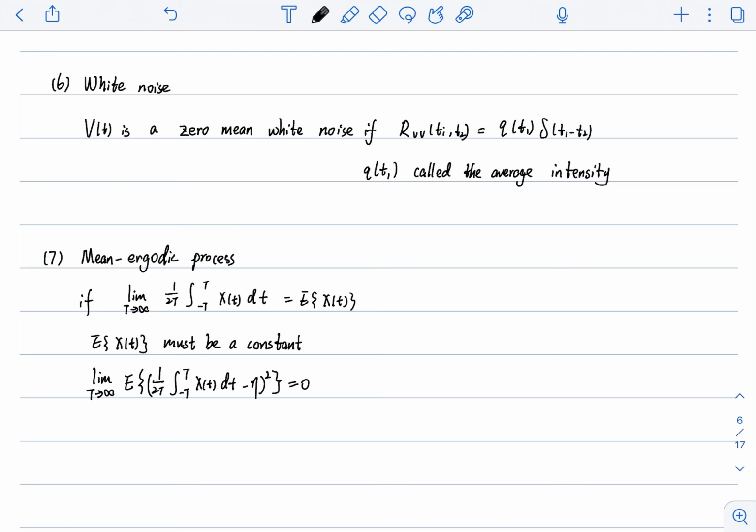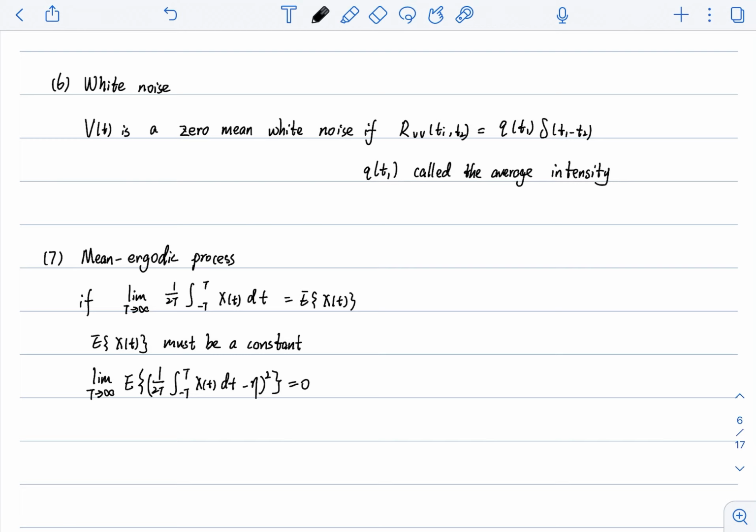Especially, the expected value of X(t) must be a constant. So if a process has an expected value that is not a constant, it is not a mean ergodic process.